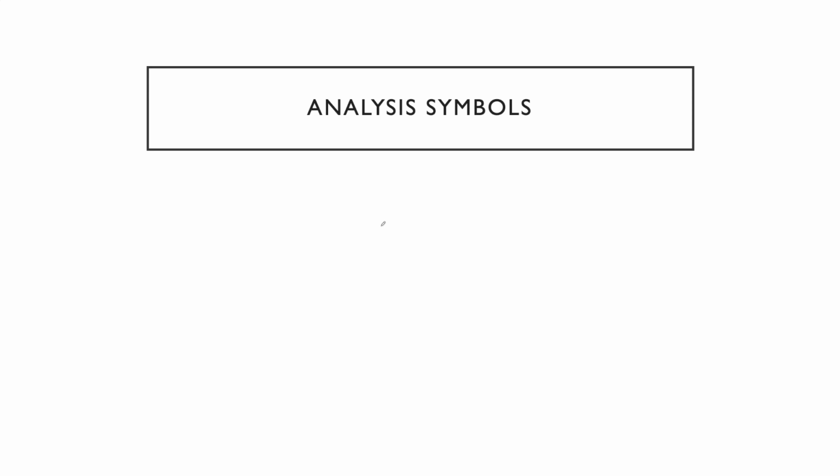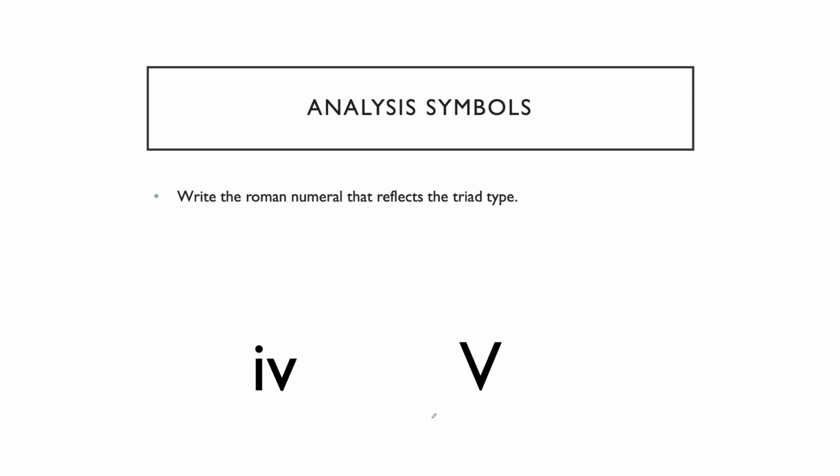The symbols which we use in the Roman numeral analysis are chosen according to 2 criteria. First, write the Roman numeral that reflects the triad type: lowercase Roman numeral for minor chords, for example, D minor, and uppercase for major triad, for example, E major.